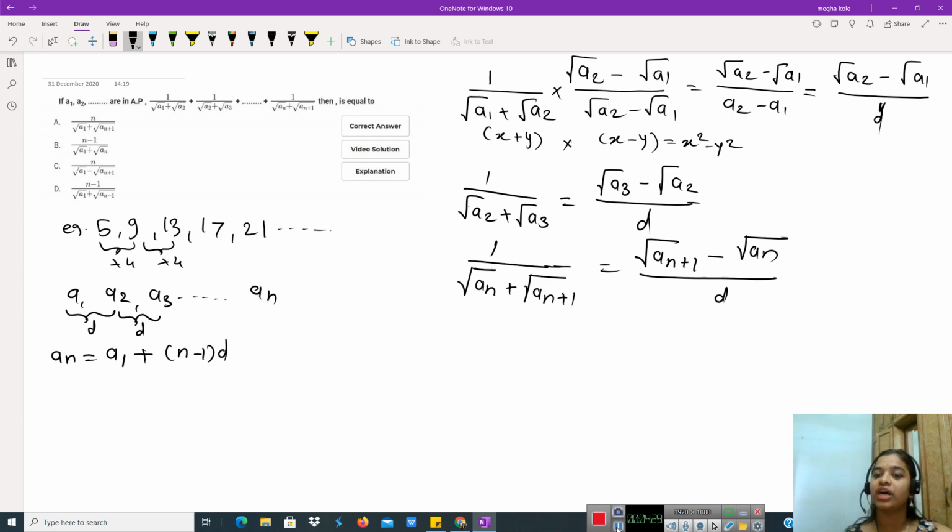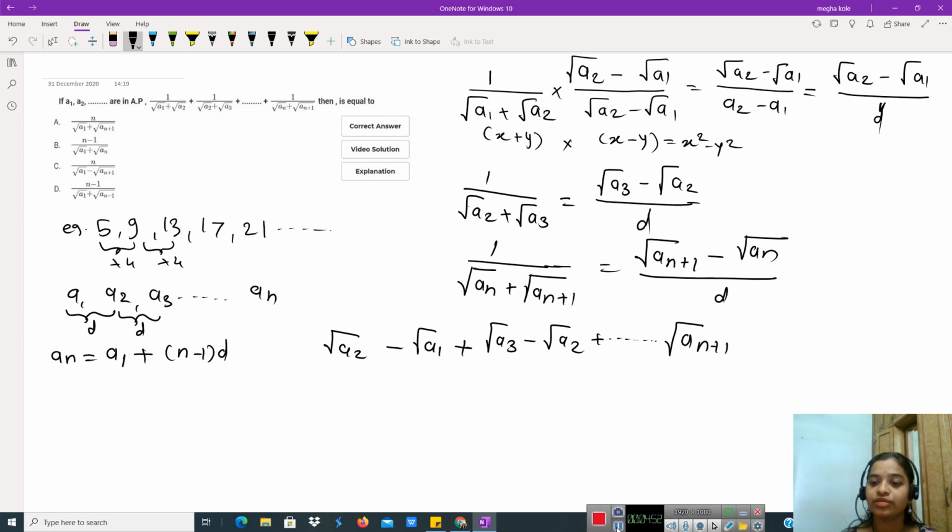We have received answers with the same denominator, so I will directly add all these terms: square root of A2 minus square root of A1 plus square root of A3 minus square root of A2, and so on, and this is the last term, square root of AN plus 1 minus square root of AN, divided by D in brackets.